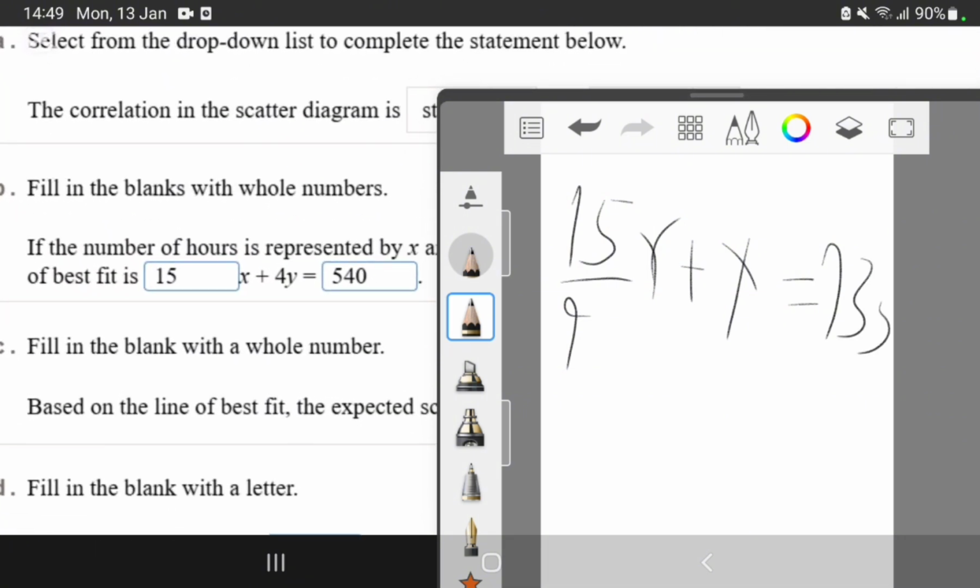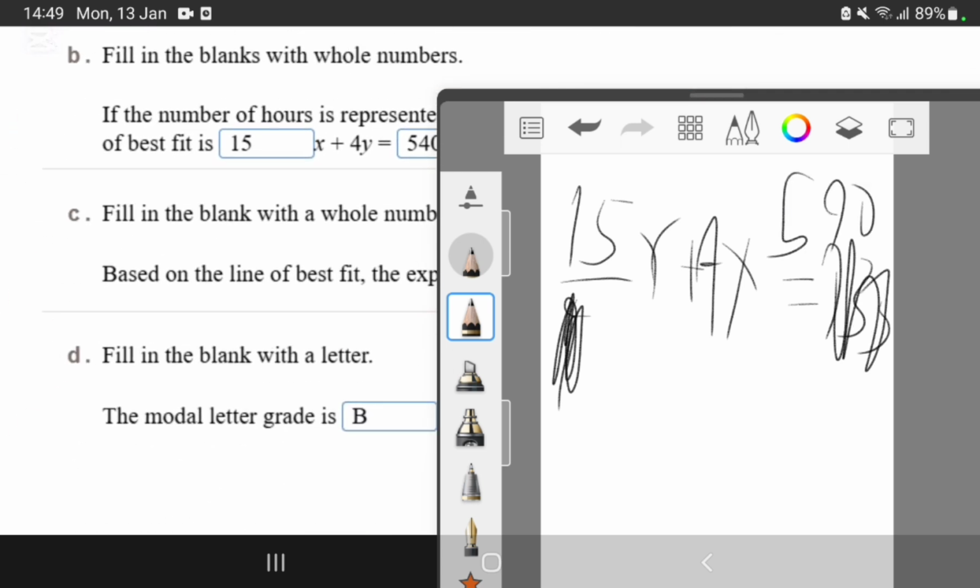From what they gave us, they want the coefficient of y to be 4. So we multiply the entire equation by 4, which means we do 135 times 4, which is equal to 540. Part C.